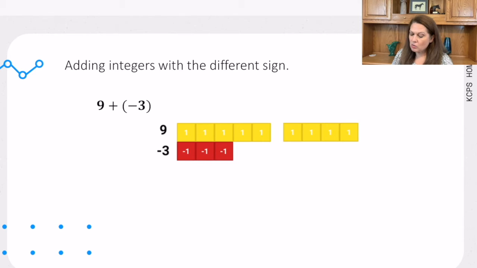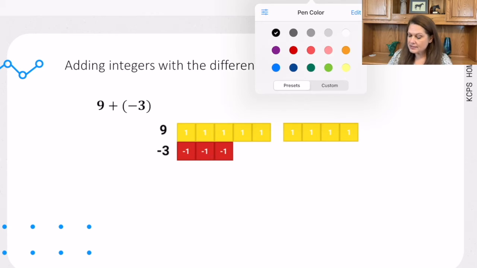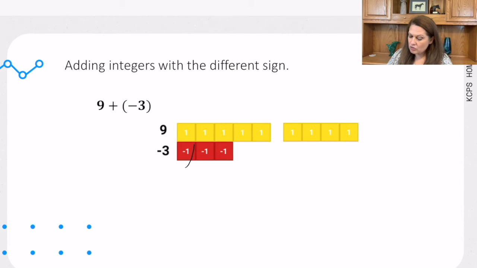So let's try it with different signs. Now you'll notice with this 9 and negative 3, I have some opposites. And right here are our opposites, and this is called a 0 pair. When you get good at negatives and positives or integers, you always kind of think of 0 pairs in your head. How many of one number cancels out the other, and then what do I have left?